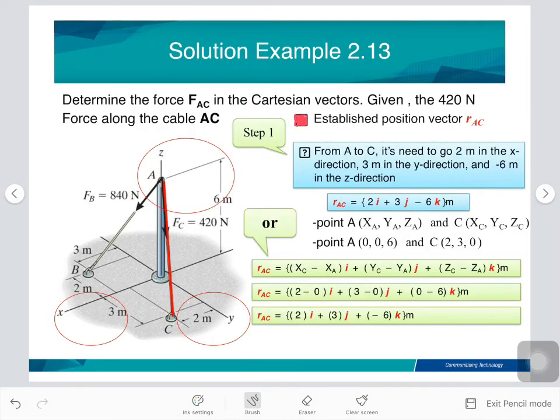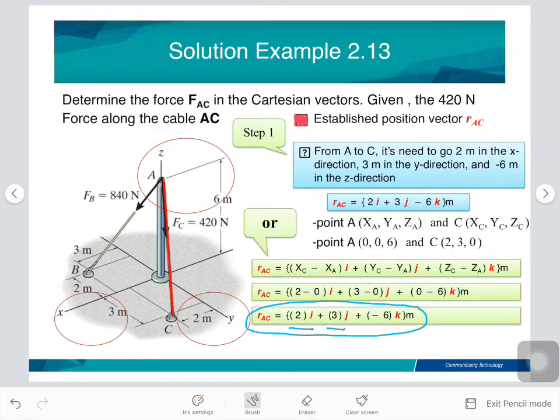So here is the answer for the unit vector. The position vector first. The position vector RAC. Here we have the coordinate C minus A in X. 2 minus 0, we have a 2I. And then 3 minus 0 in J, we have 3J.